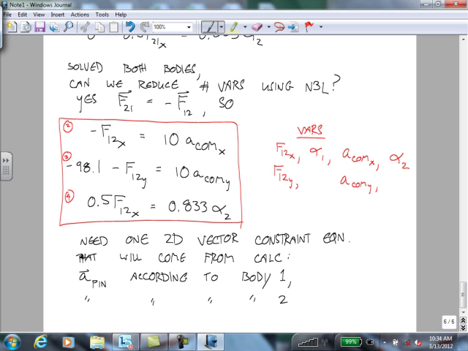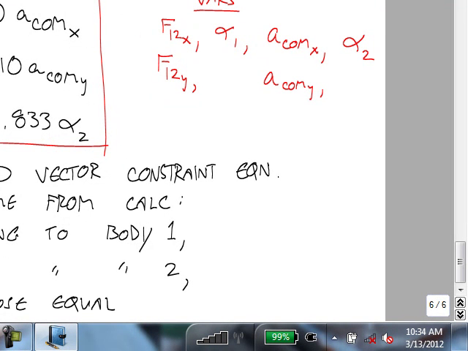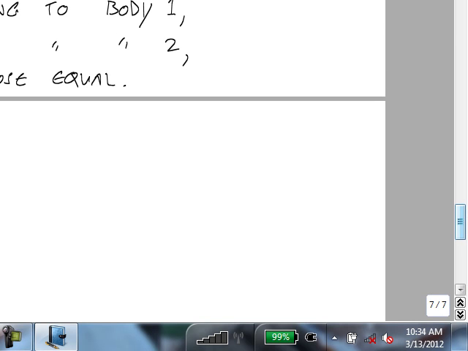Okay, that's what that joint does, is make them move together. So let's first do it according to body 1.